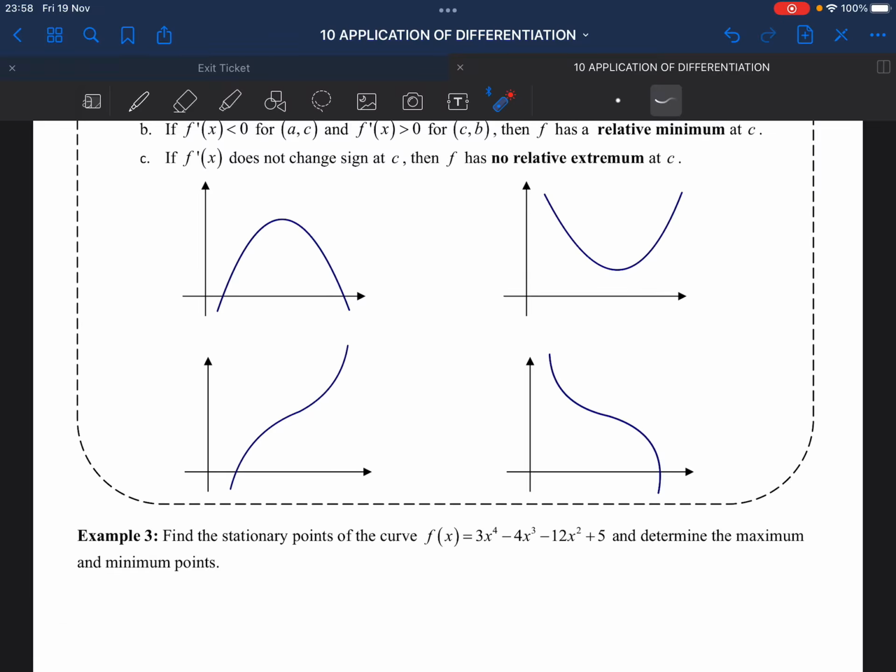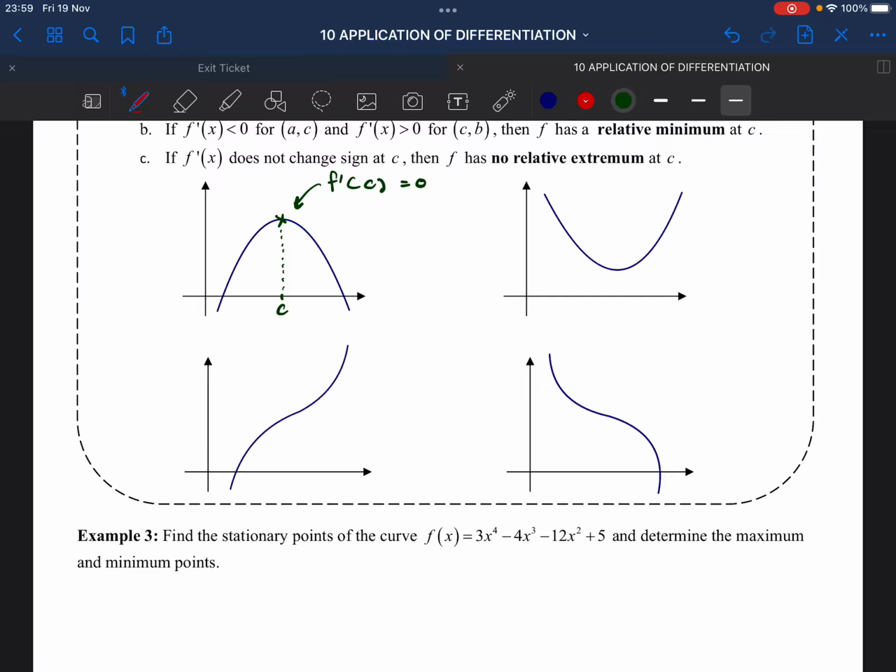Let's see. Here, obviously you know that this is the maximum point. Let's say this is C. We know that this is our maximum point, so the highest value here is where f prime C is equal to 0. Our first derivative is equal to 0. So that is how you find your maximum point.